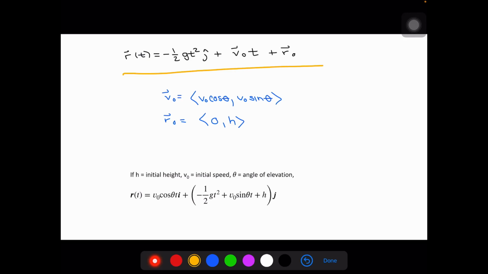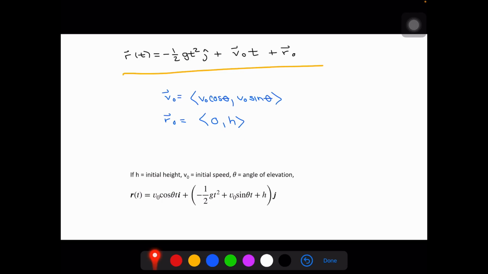So initial velocity, that v0 written as a vector. If the initial speed is scalar v0, theta is our angle of elevation, then that is going to be v0 cosine theta, v0 sine theta. That's the component form of that initial velocity vector. And if our object has an initial height of h, then our initial position vector is 0, h.